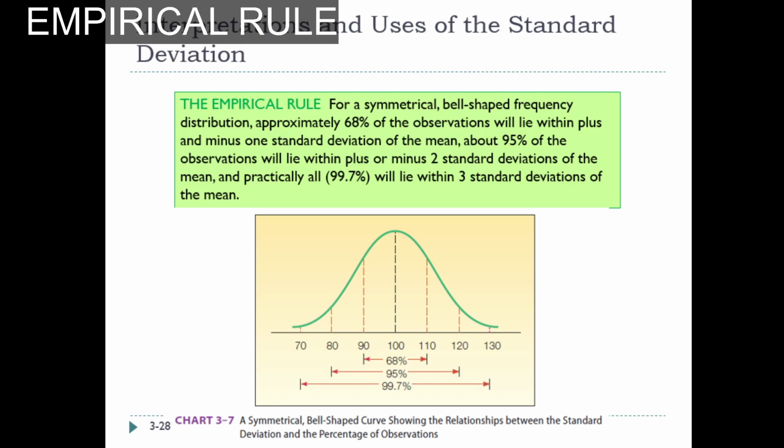The way the empirical rule is often described or used is that there are three levels. We also know 95% fall within 2 standard deviations, and then within 3 standard deviations, stretching from 70 to 130, is 99.7% of the observations.